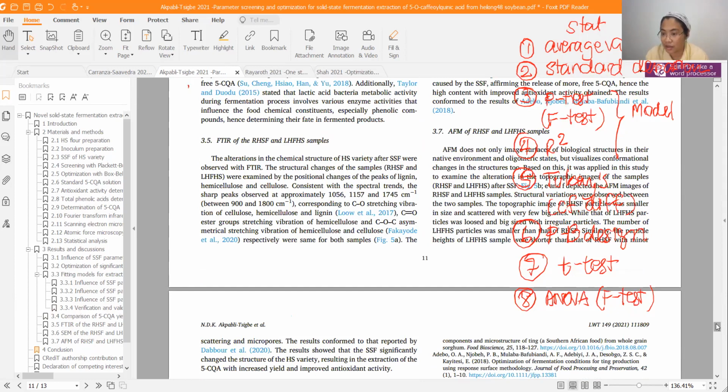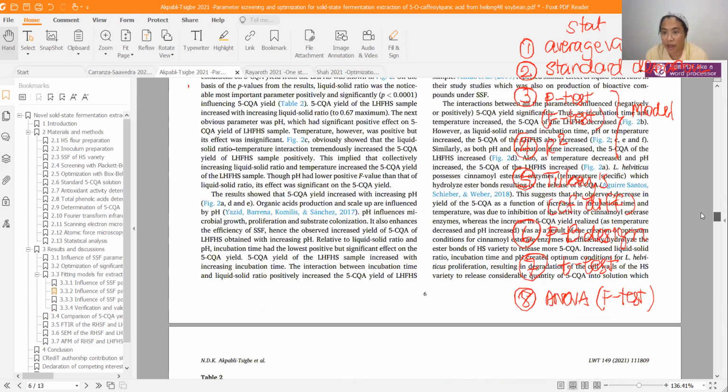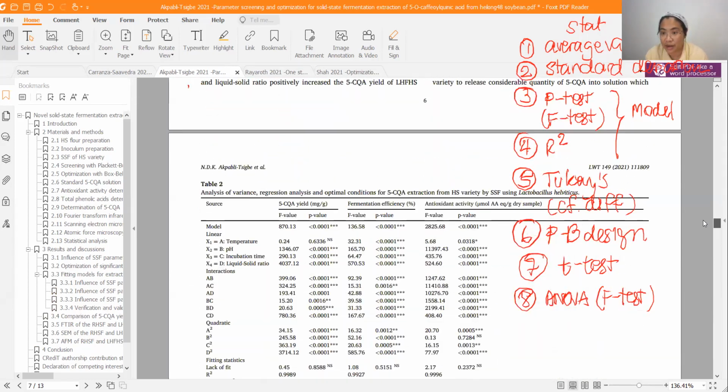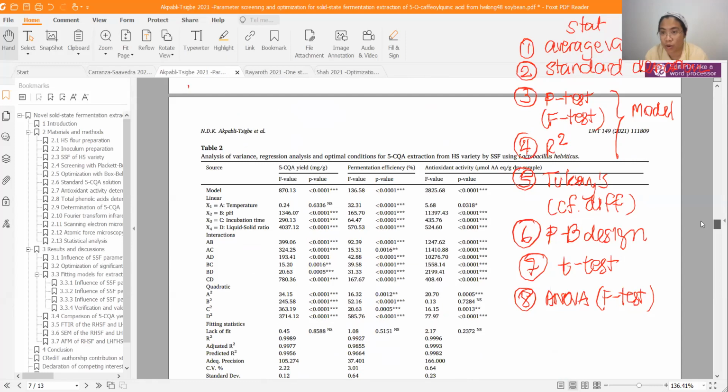From analyzing this paper, I just used this page because it's the widest area. For this paper, we see that there's a lot of stats involved: average value, standard deviation, the F-test, and the R-square, R-square adjusted, and predicted R-square.